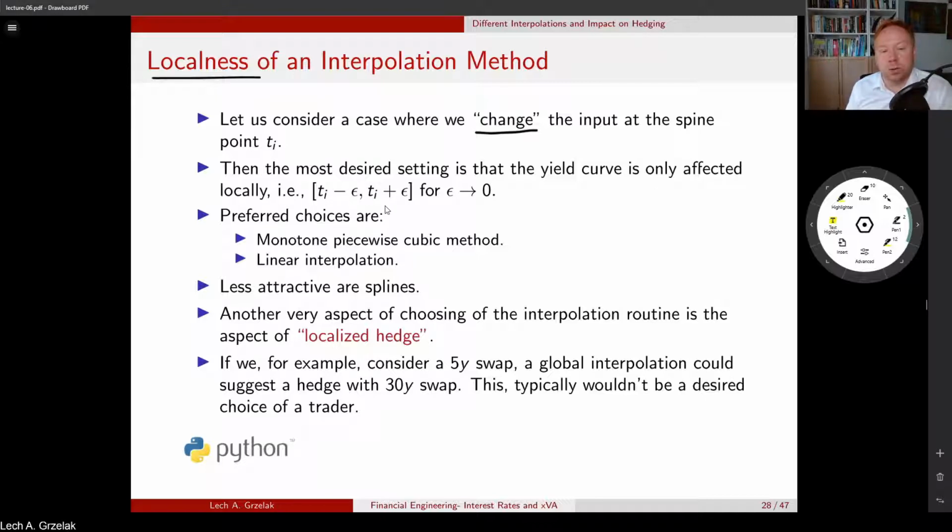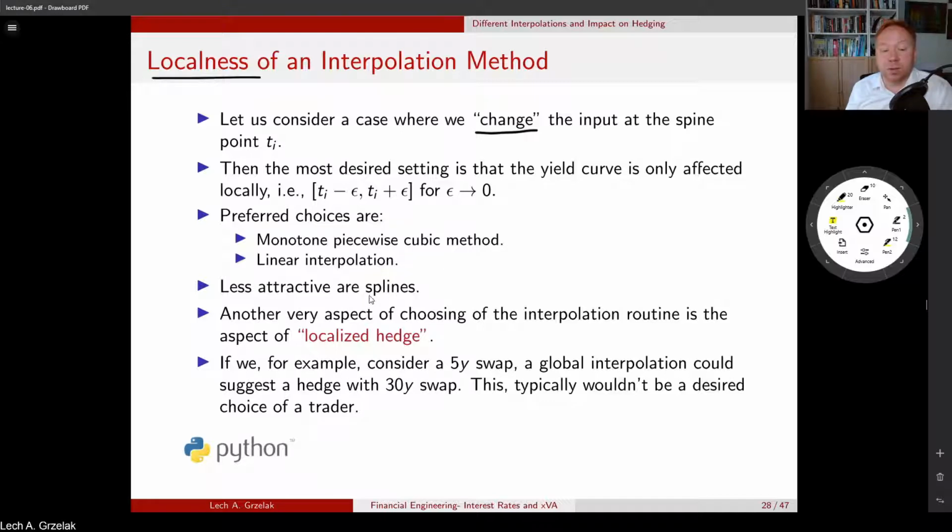This would mean that we have an interval around this spine point in time, and we would like to have it as narrow as possible, so epsilon going to 0. To address that, you could think of linear interpolation, because linear interpolation is considered to be local interpolation. Also, you may have a monotone piecewise cubic method.